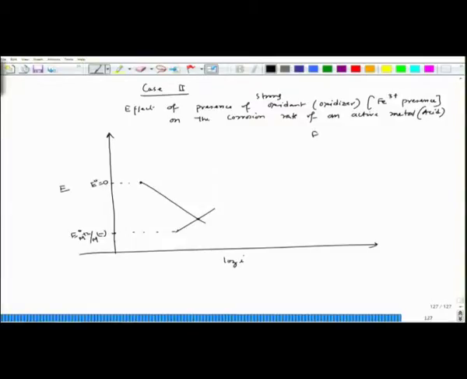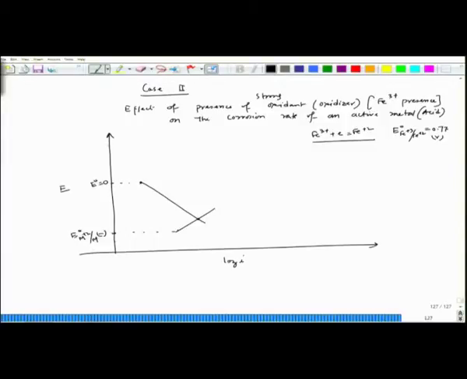Now, Fe3+ plus e equal to Fe2+ has a very large E0. This is almost close to 0.77 volt, if I remember correctly.